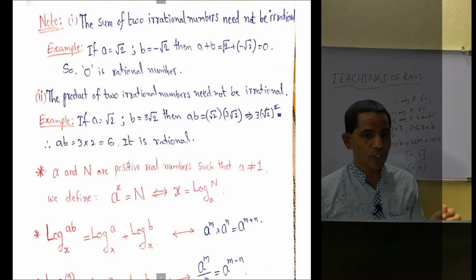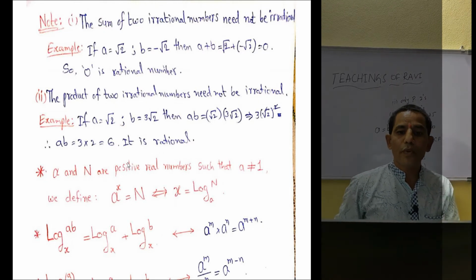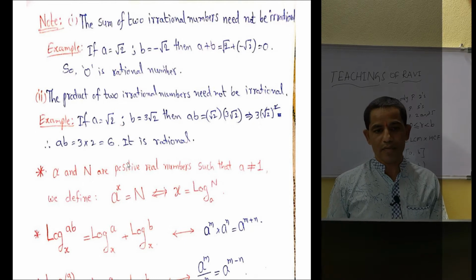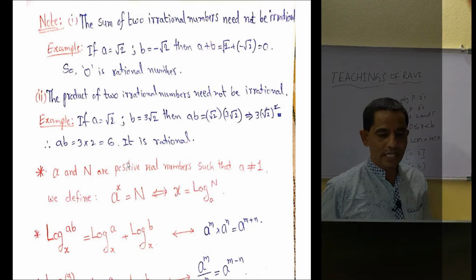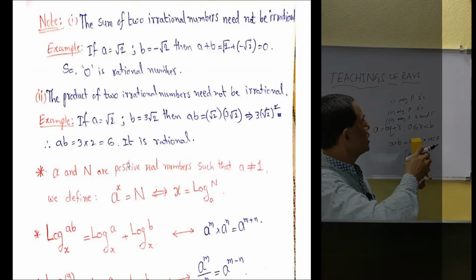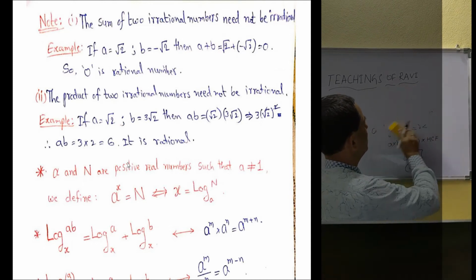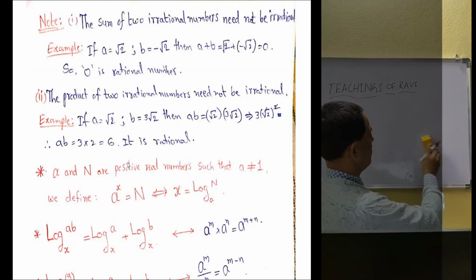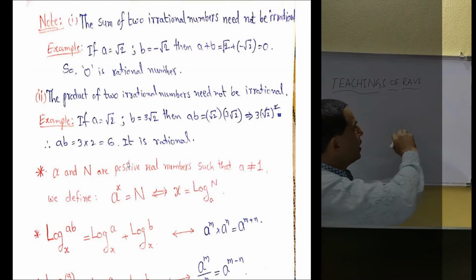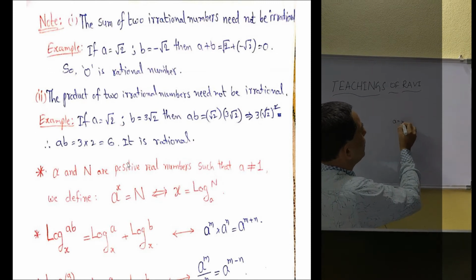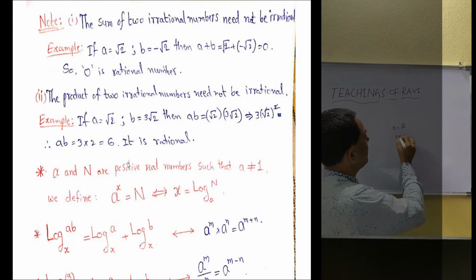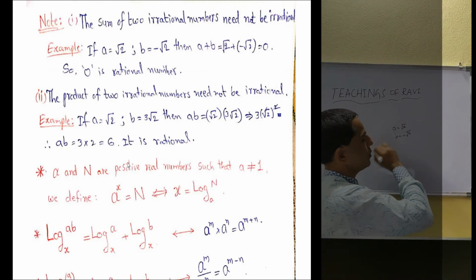Next one, note. The sum of two irrational numbers need not be irrational. Example: I am taking a = root 2, which is an irrational number, and b = minus root 2.